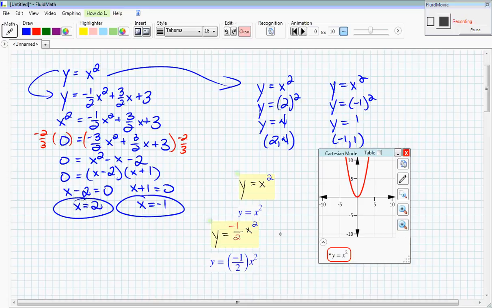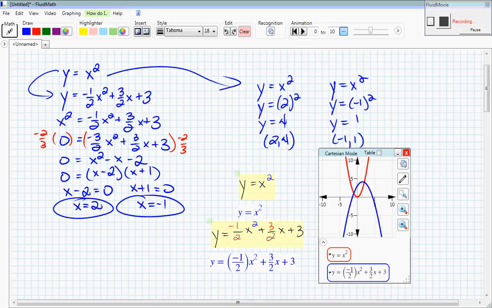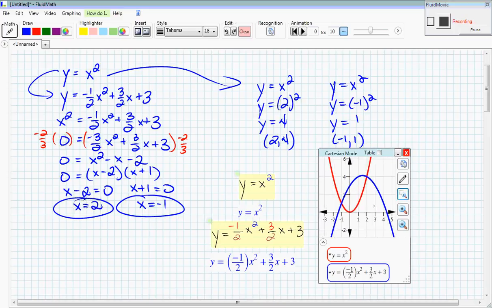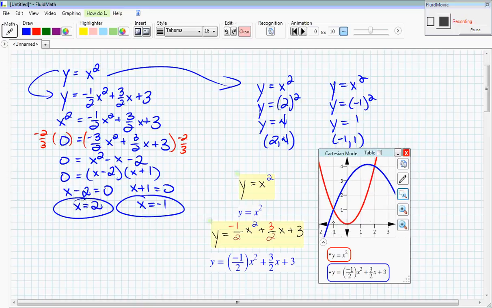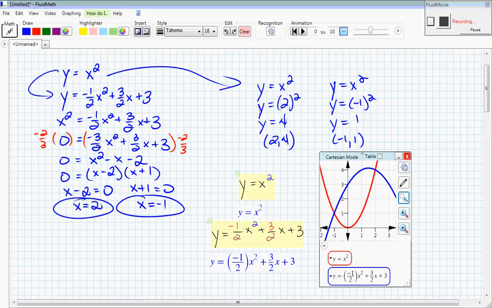Negative 1/2 x squared plus 3/2 x plus 3. When we graph that, we think that the intersections are negative 1, 1, and 2, 4. Let's take a look here. Yeah, we have negative 1, 1, and here we have 2, 4. So in fact, those are the two points of intersection for this system of quadratic equations.